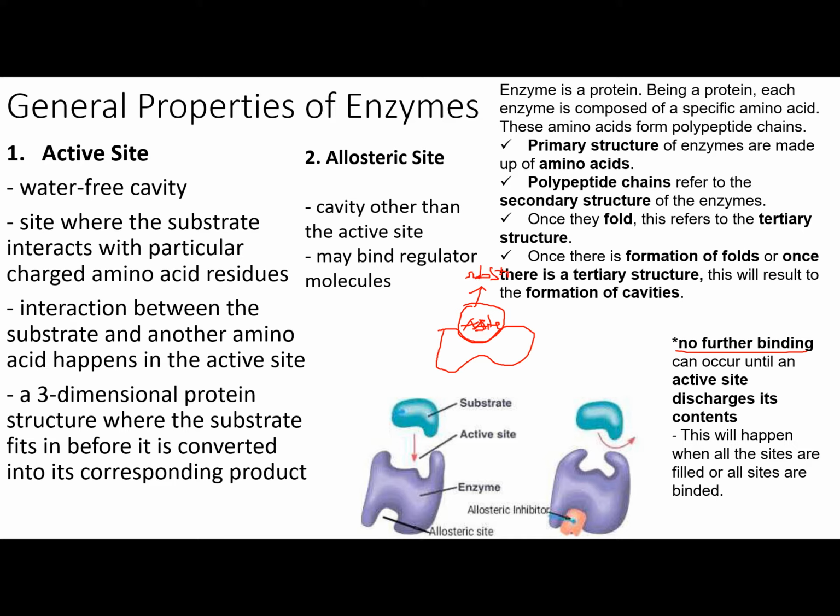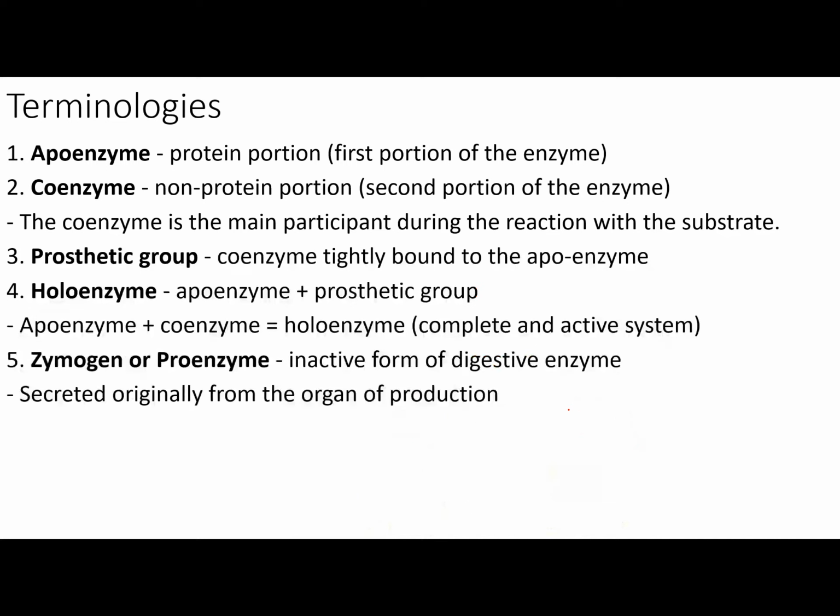Now, if the substrate is still attached to the active site, no other substance could attach to the active site. So if there's another substance here, it would look for another site, such as the allosteric site. So do take note of that.